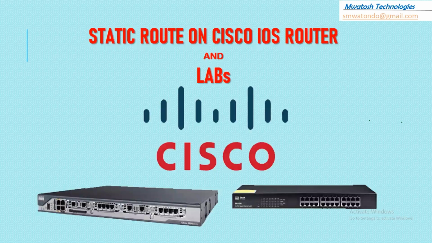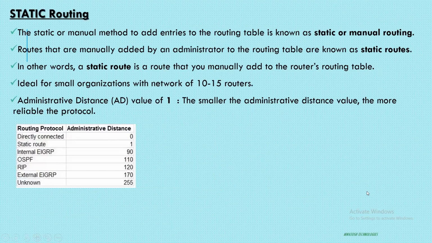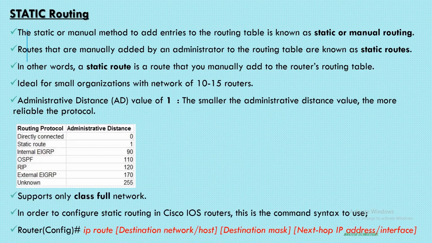Today, I want to take you through static routes on Cisco IOS routers and labs. First, static routing. The static or manual method to add entries to the routing table is known as static or manual routing.